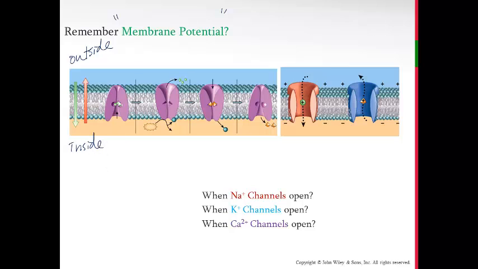Now remember, we have a very important pump that sets up the membrane potential. Do you remember what it was? It's the sodium potassium ATPase pump. So this pump will actually move 3 of the sodium from inside the cell and pump them outside each time.